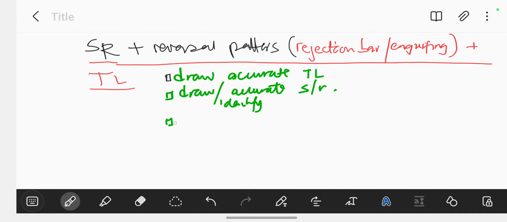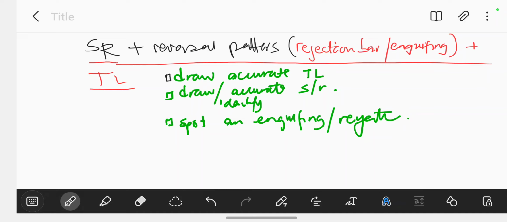And also be able to spot an engulfing or rejection bar. So the concept here, rejection and engulfing bar, you must be careful about this.